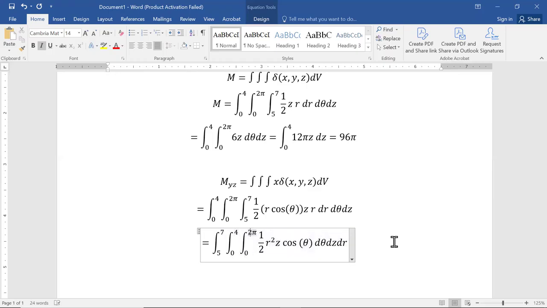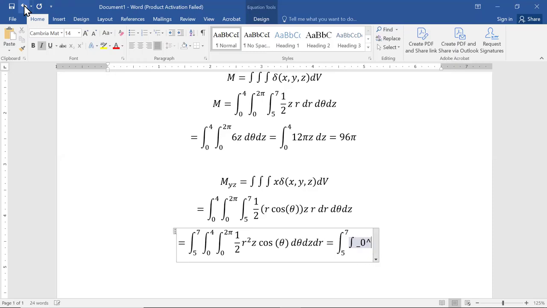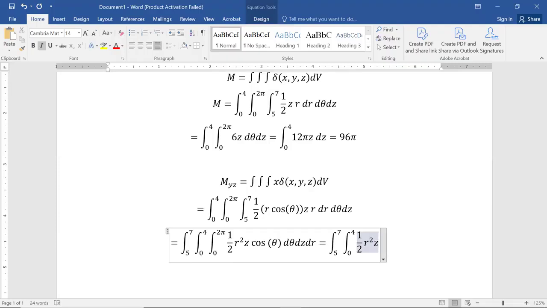Now, the reason I do this is because I kind of know what's going to happen. So I'm going to integrate this: 1/2 r squared z is just a constant with respect to theta.